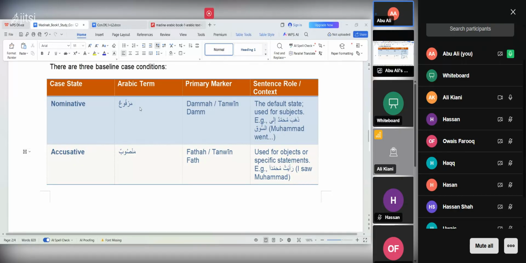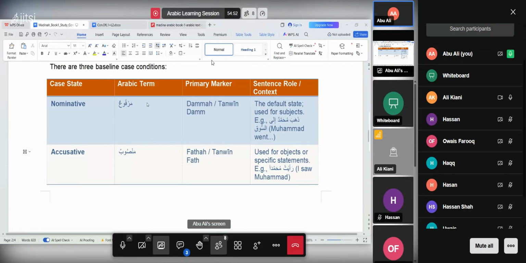It's like he's being a logician, even though the terms have different meanings. The term مرفوع in علم الرجال has a different meaning than the term مرفوع in grammar, in نحو. So it's just a matter of context. They're using the same terms for different meanings, because back in the day, everyone studied everything.